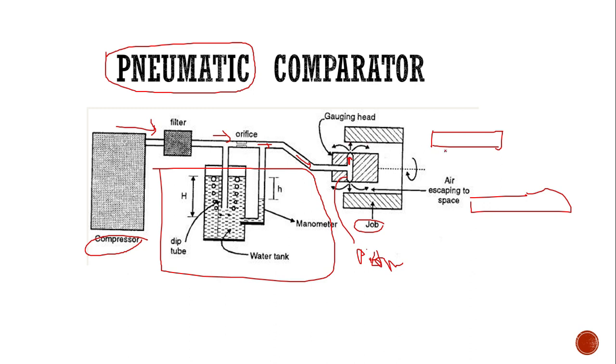Similarly, previously it impacted on this surface, and back pressure is generated. Back pressure means some air is transferred in the opposite direction, and the change in pressure is measured with the help of the manometer. So we have the specific value of back pressure when the standard is used, then the standard is removed and the job is used. Now these back pressure values can be compared with the job back pressure values.